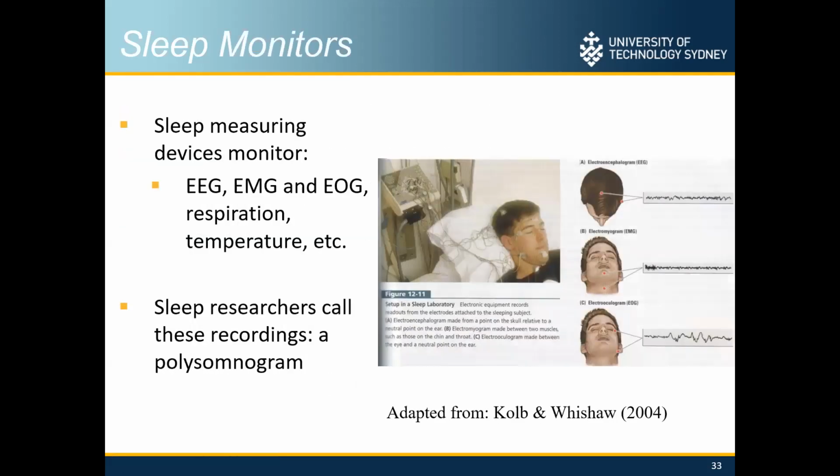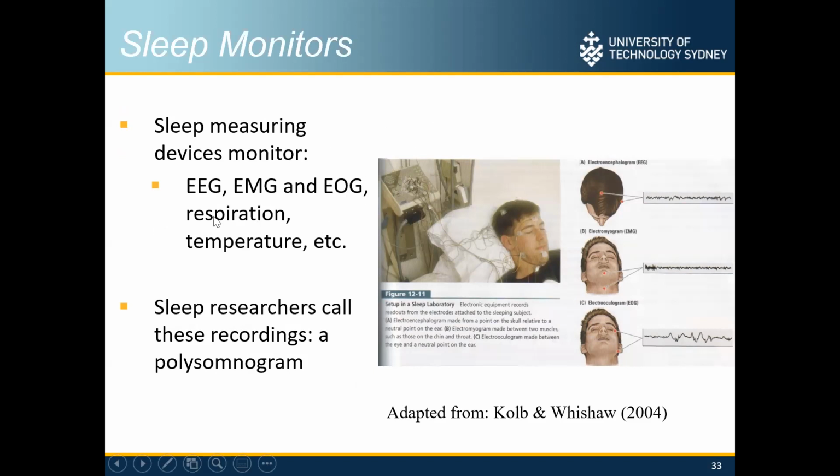So when studying sleep, you tend to use a collection of devices called polysomnography. Polysomnography is a collection of devices with the use of an EEG to monitor brain waves, EMG, which measures muscle activity, and EOG, which monitors ocular activity.